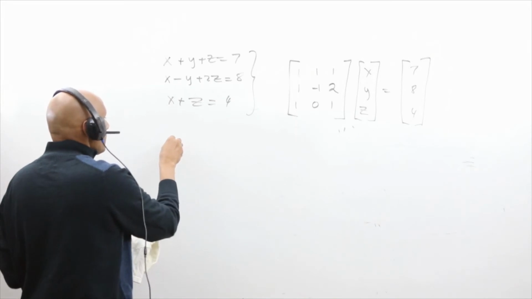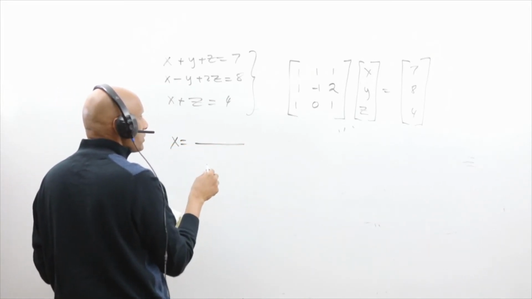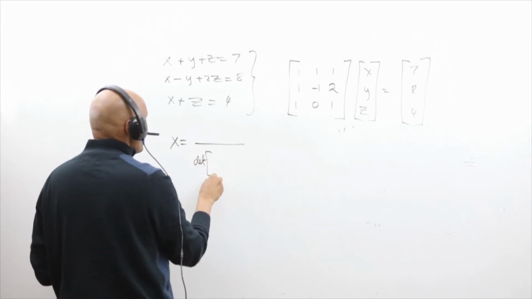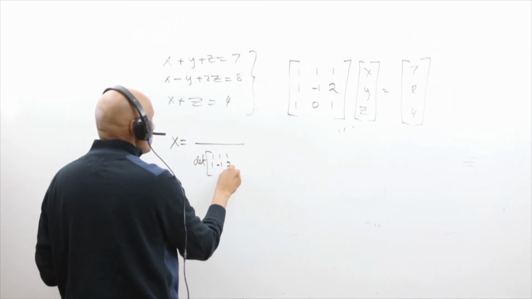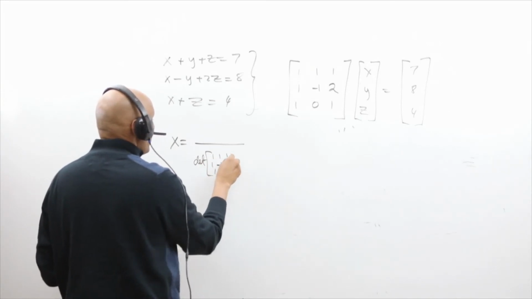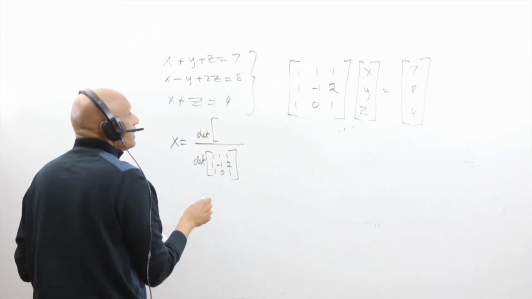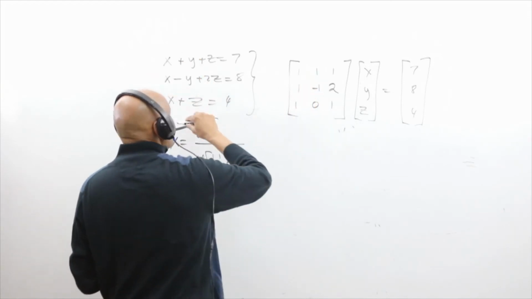So again, x is the ratio, and y is the ratio, and z is the ratio of two determinants. So here's the first determinant. It's a 3 by 3 matrix, the original matrix. So it's 1, 1, 1, 1, minus 1, 2, 1, 0, 1, followed by a determinant of, if you look at it, this 1, 1, 1 is the column associated with x.